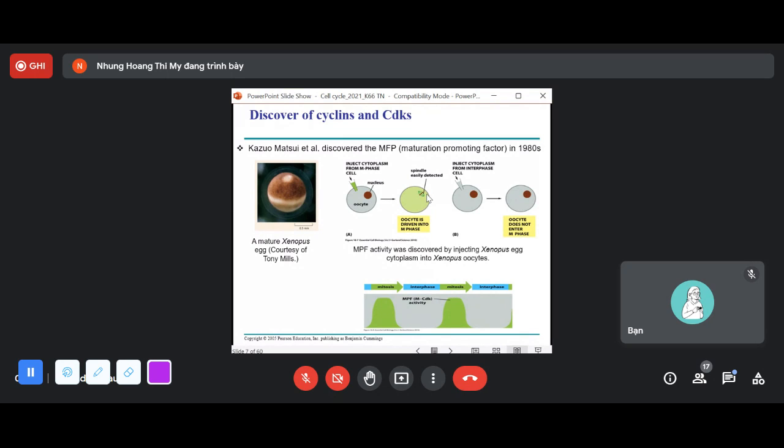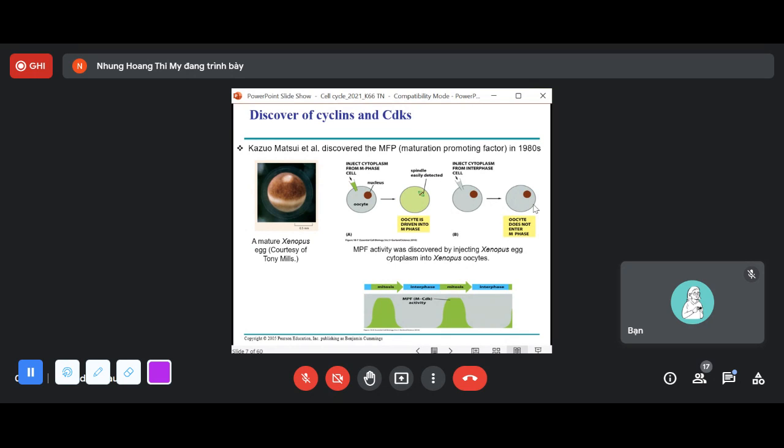As you know from last week, the mitotic spindle is one marker of the M phase cells. So that means the interphase cell now stays in the M phase after the injection. And if he takes the extraction from the interphase cell and injects it into the interphase cells, nothing changes. That means the cell will not enter the M phase.